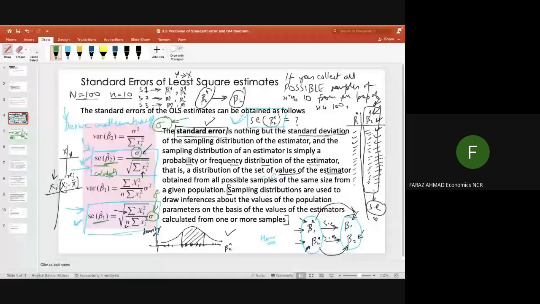You can put this sigma hat directly in place of sigma, and sigma hat squared in place of sigma squared, wherever it is, right? Now you got your standard error. That's how you calculate it. So it is easy to calculate. We will calculate it and I will show you how.